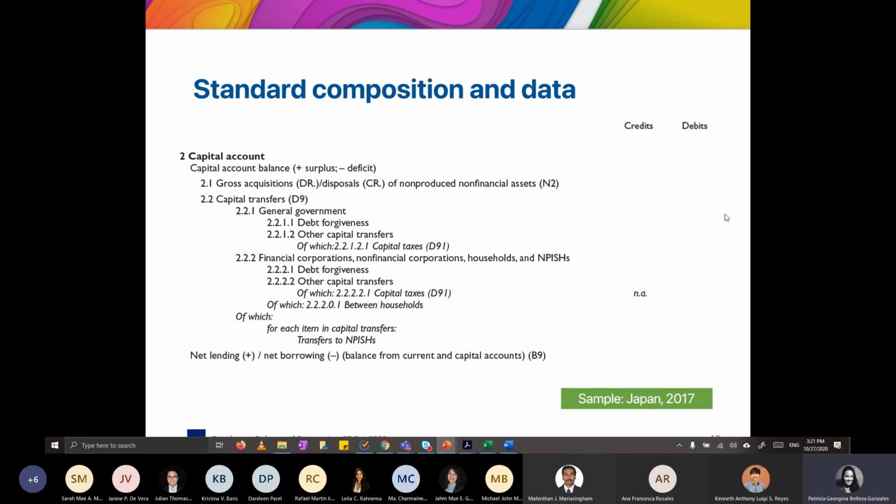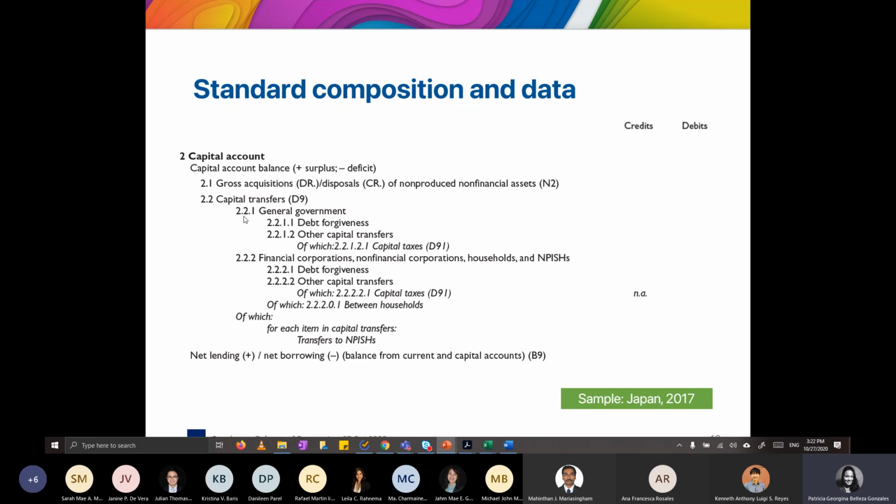So this is just what it looks like on a more detailed level. Sometimes, depending on government reporting requirements and whether or not they're adhering to a certain standard and whether or not data is readily available, they typically further disaggregate items in the capital account according to the institutional sector that had ownership over the transaction.